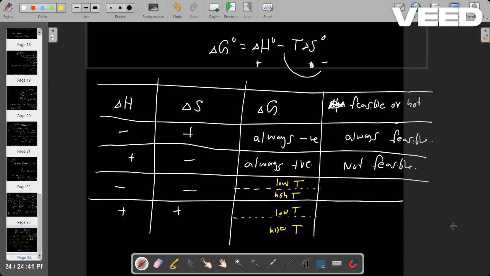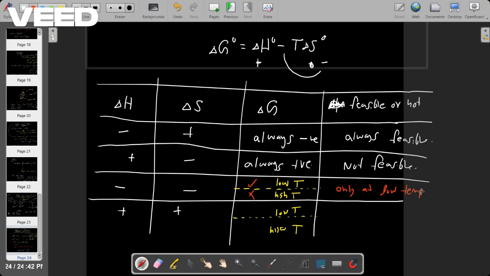Okay, feasible. I'll put a correct mark. At high temperature, not feasible. Right? So we can tell only at low temperature. Delta H is possible.